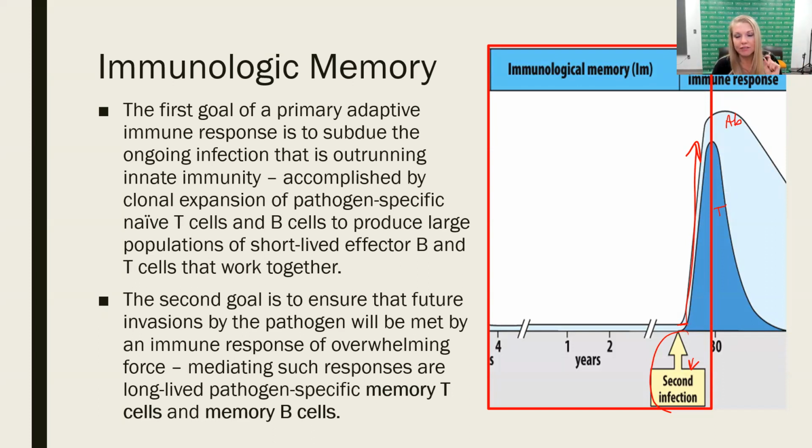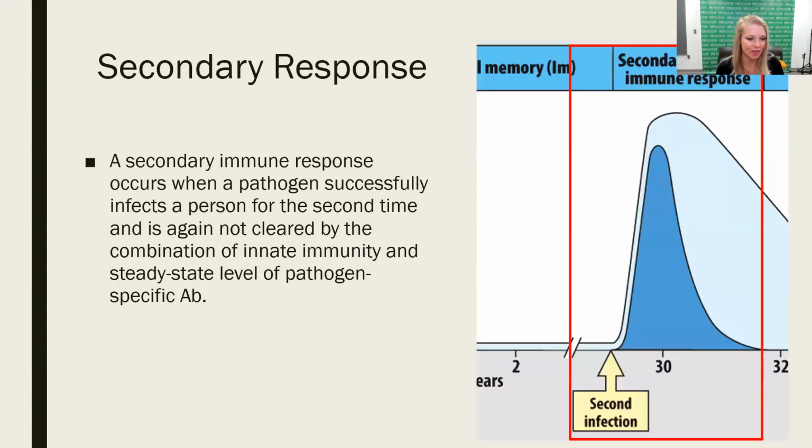Where we saw in the first infection, there was a lag time, 1 week, 10 days, 2 weeks, somewhere in there, before we could get to high titers of antibody. And actually, the antibody titers and effector T cell titers in the second infection are going to be higher, stronger, better, faster, and really effective at wiping out the pathogen.